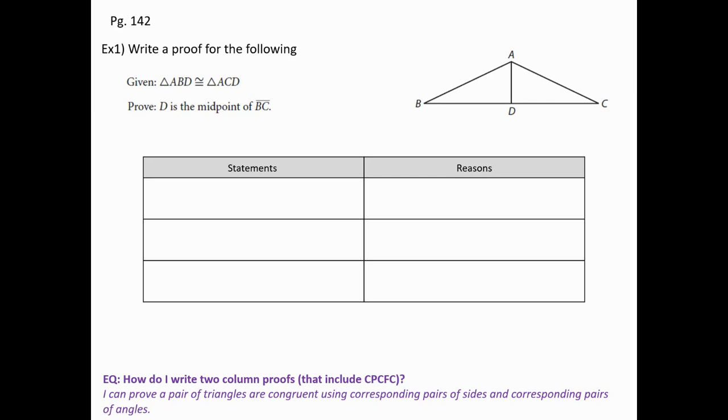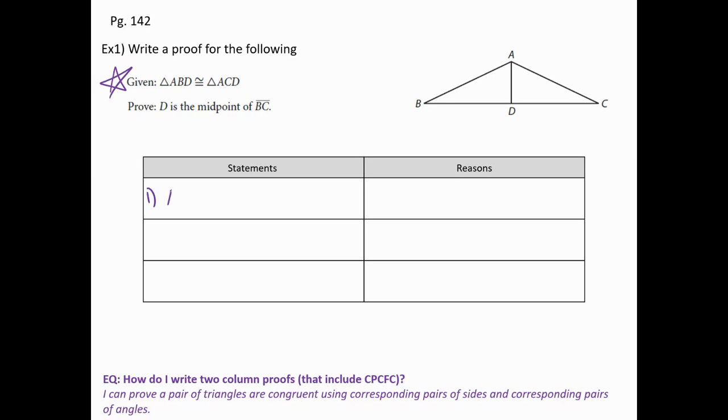So these specific proofs can be found in your textbook starting on page 142, and it just goes on to the next page, 143. So we have write a proof for the following. This is our first introduction into proofs. And so key pieces of information. The first statement we make, always, statement number one, is always going to come from the given.